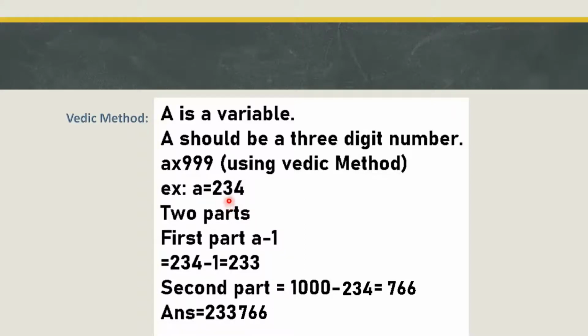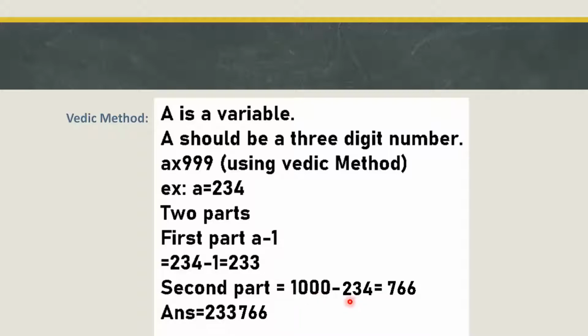The first part is that we subtract 1 from 234, that is 233. So our first part is 233, and the second part is 1000 minus 234.